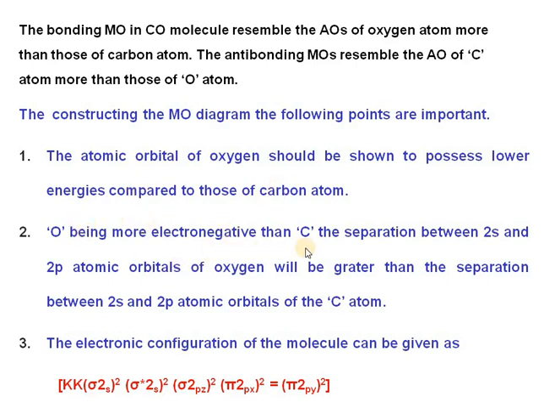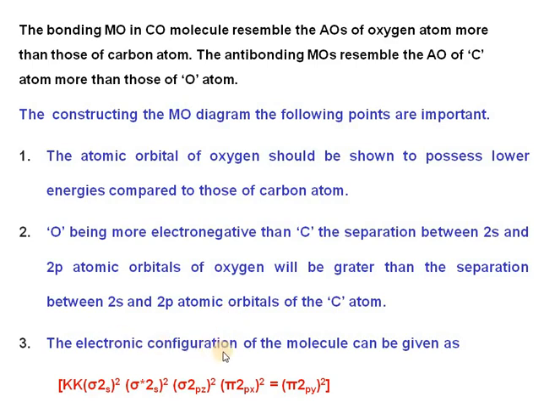Oxygen being more electronegative than carbon, the separation between the 2s and 2p atomic orbitals of oxygen will be a greater difference than the separation of the 2s and 2p atomic orbitals of carbon. Why? It is observed because carbon is less electronegative than the oxygen atom.